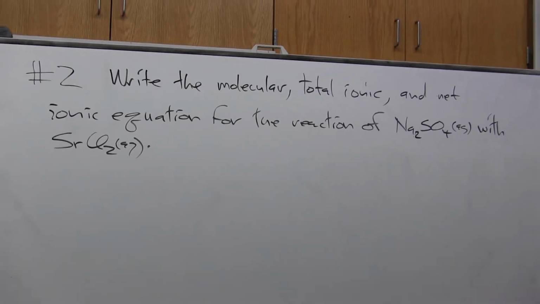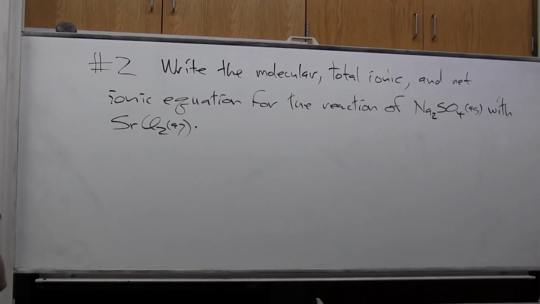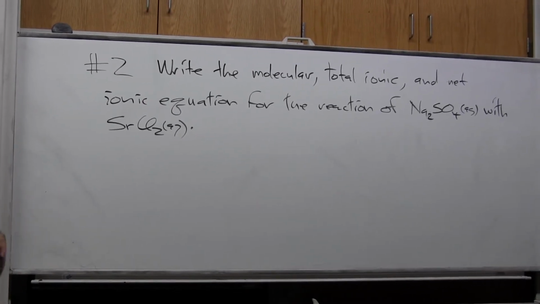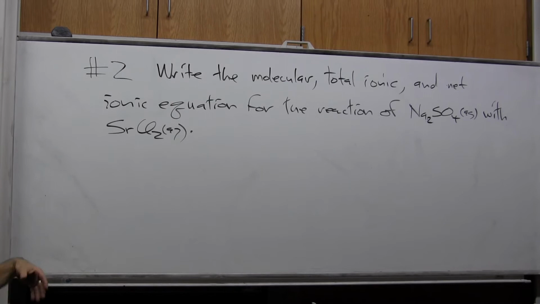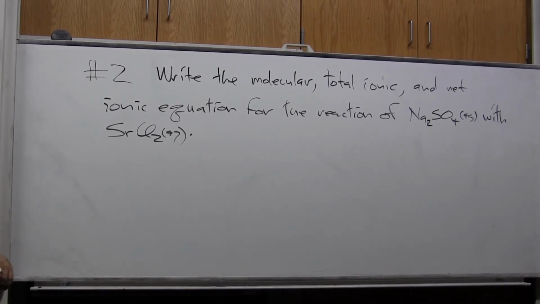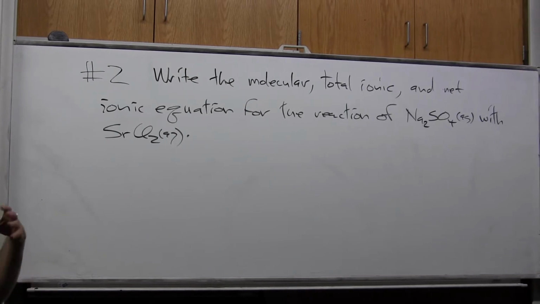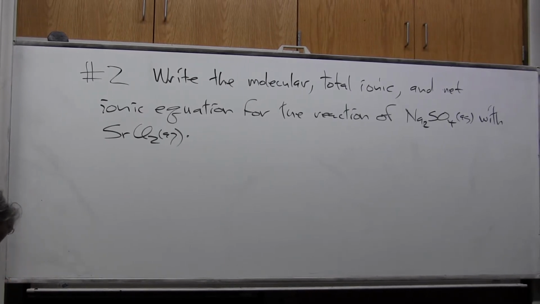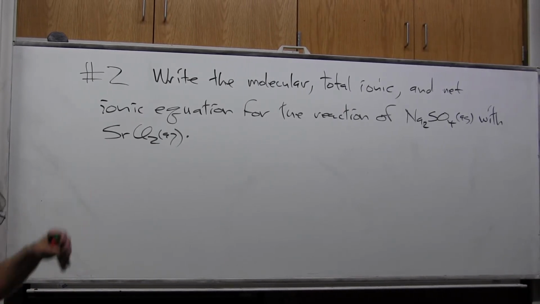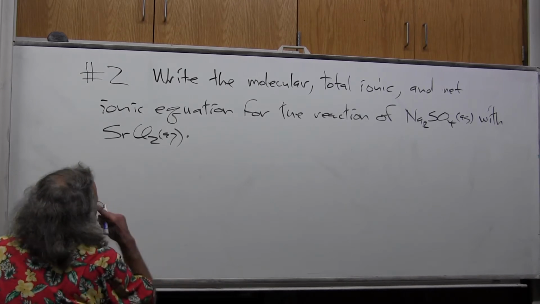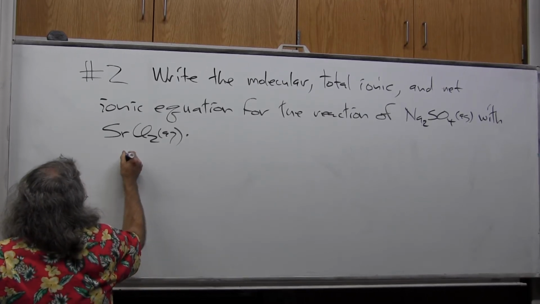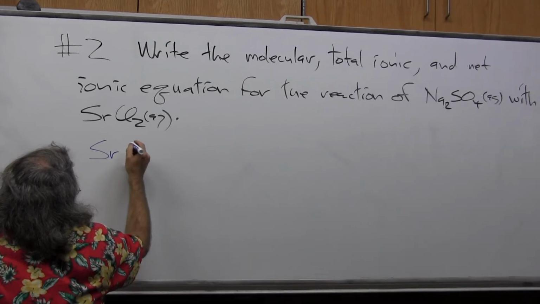And again, this is aqueous. So this is going to fall into one of 3 categories. We know it's going to be either a metathesis, an acid-base, or a redox process. And in order to find that, we start out with the molecular equation. I can write either one I prefer.